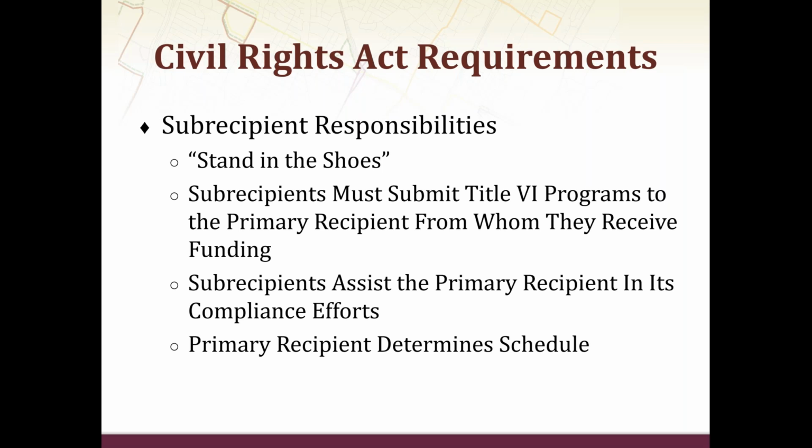And the primary recipient, Minnesota DOT, will also engage in some oversight activities to spot check recipients periodically so that they can show FTA that they are also making sure that the subrecipients are doing everything that they're supposed to be doing.